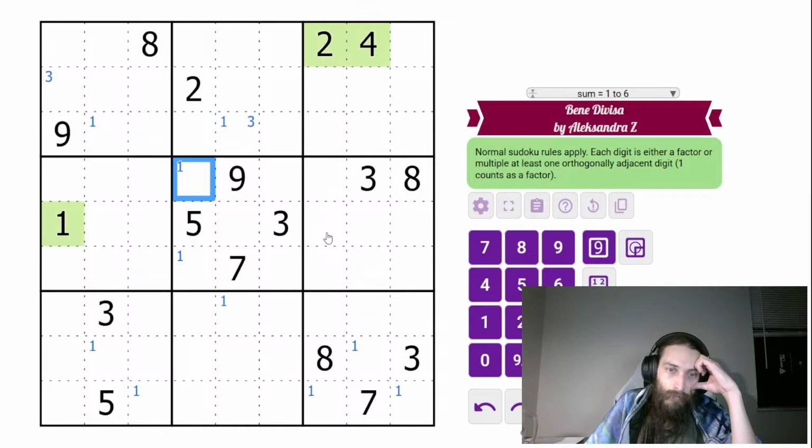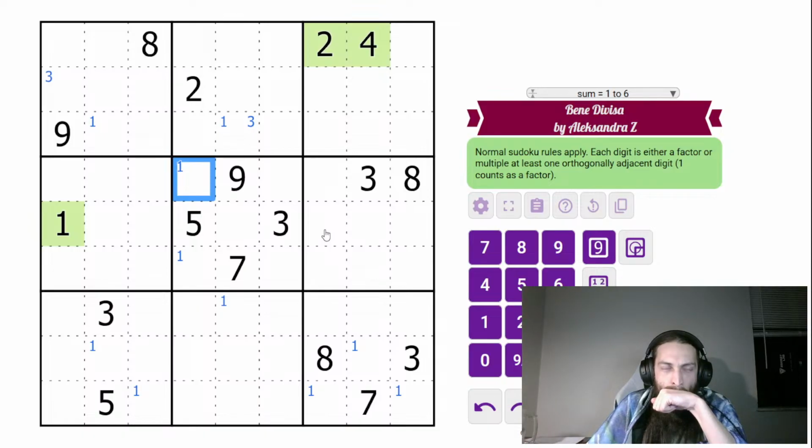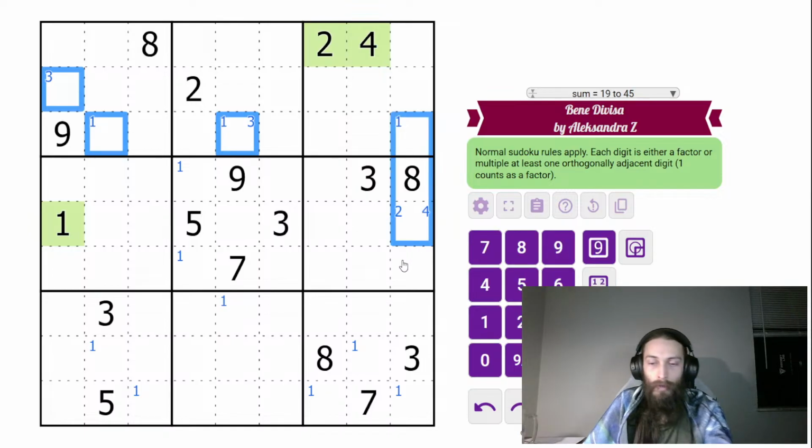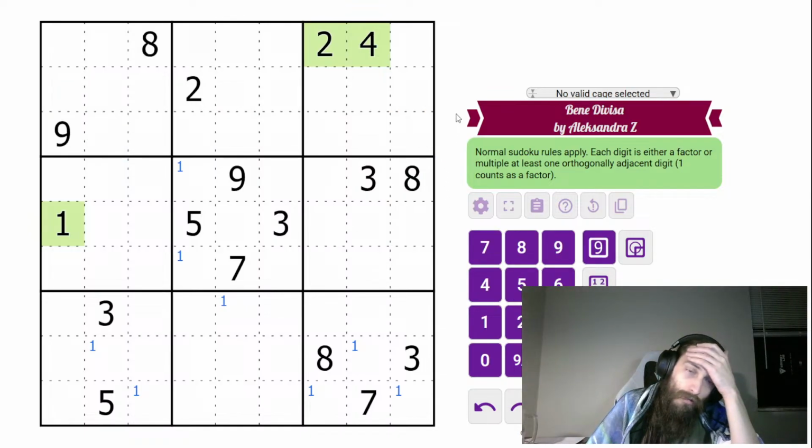Right. And this 8 would either have a 1 above it or a 2 or 4 below it. Starting to break convention a little.